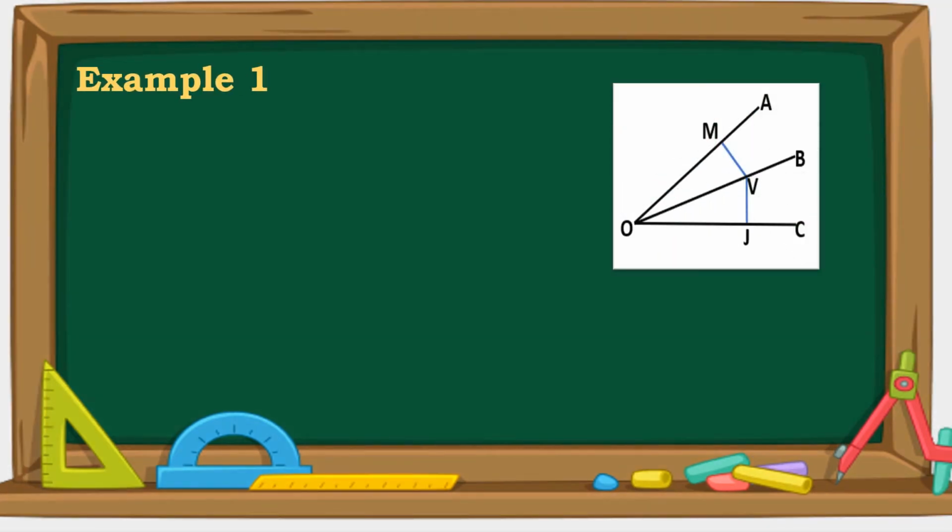We are now ready to study the first example by applying what we have learned today. So this is the figure. Given line segment OB is the bisector of angle AOC. V lies on line segment OB.